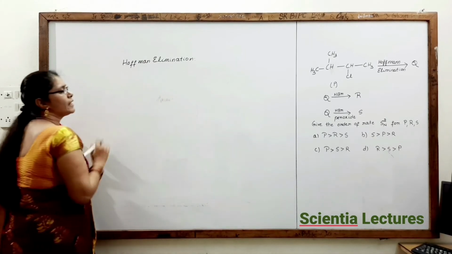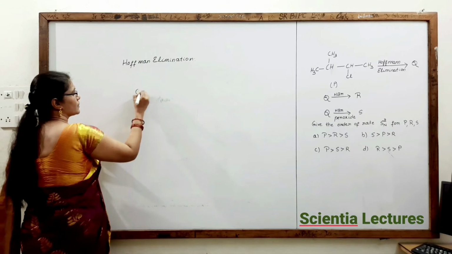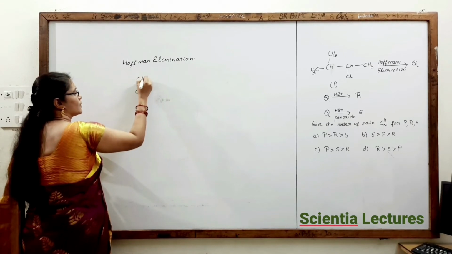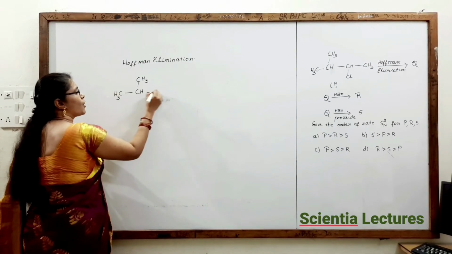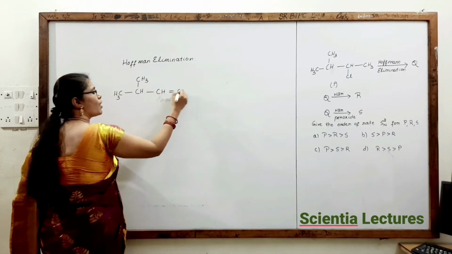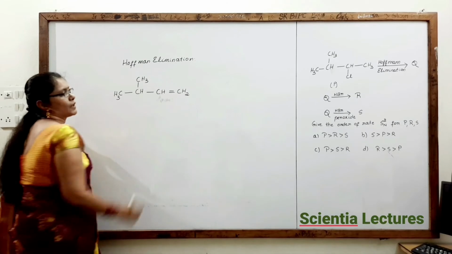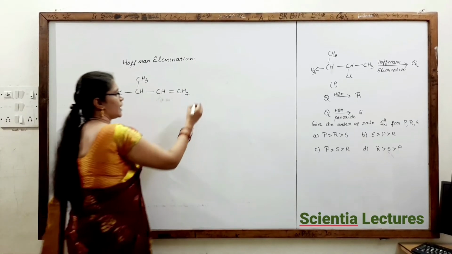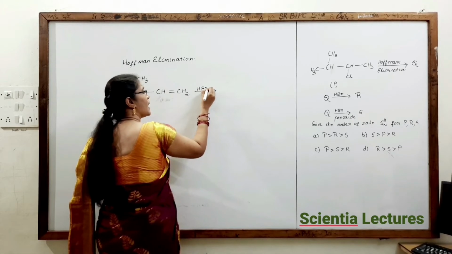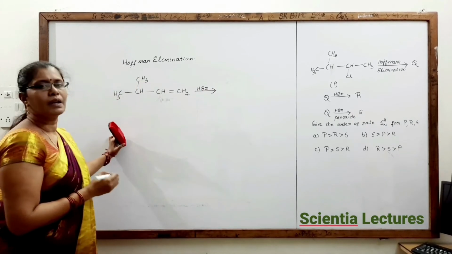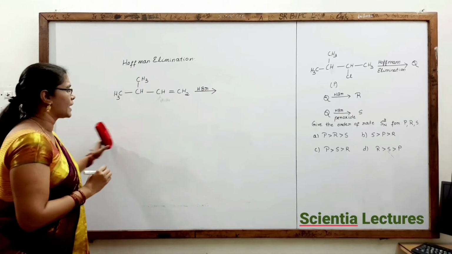Now we will see how R is produced. So what is the Q produced in the first reaction? We have got CH double bond CH2. Now this is treated with HBr. When it is treated with HBr, alkenes of course undergo the electrophilic addition mechanism.